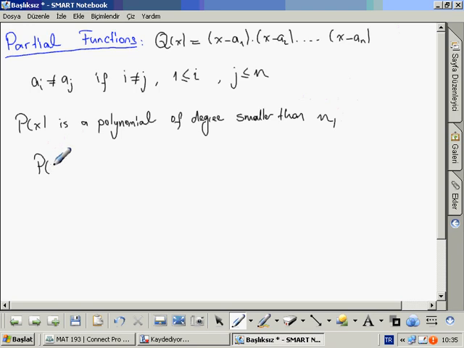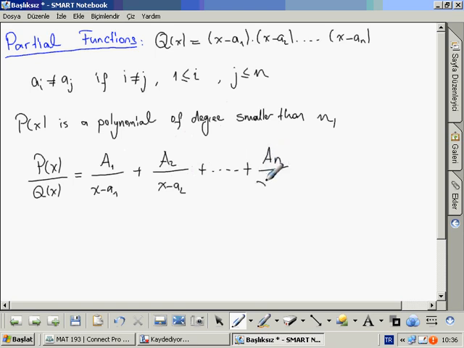And p of x over q of x equals A1 over x minus a1 plus A2 over x minus a2 plus it goes on like that, and An over x minus an.